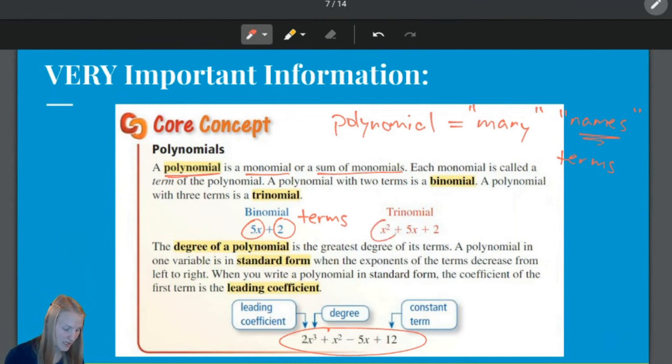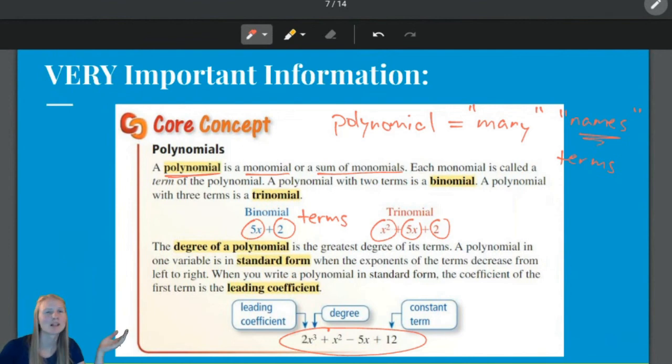Each of these is a term. Everything that's added together, everything between the pluses and minuses, we call a term. And so that's where polynomial comes from. Many names, many terms.